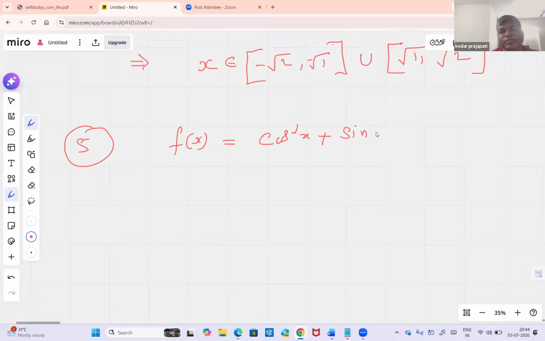Now it is mixed. It is mixed. Domain of cos inverse x and sin x. See, it is not sin inverse x. Okay?